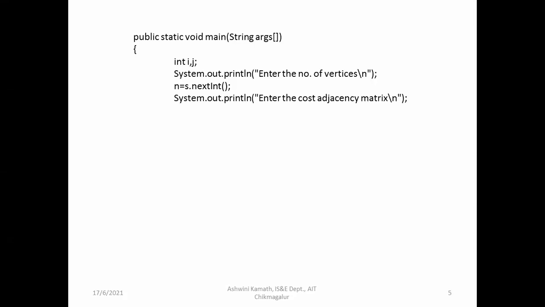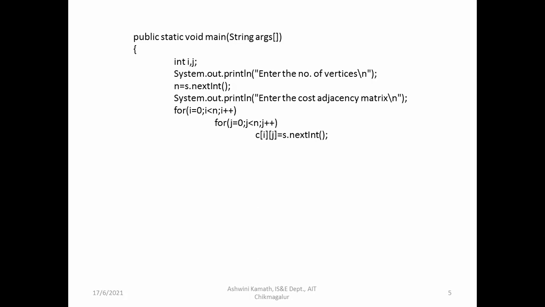Then System.out.println, we have to enter the cost adjacency matrix. We know that to enter the matrix, we have to use loops, right? For that we are using i and j. For i is equal to 0 to n, for j is equal to 0 to n, C of i j is equal to s.nextInt.